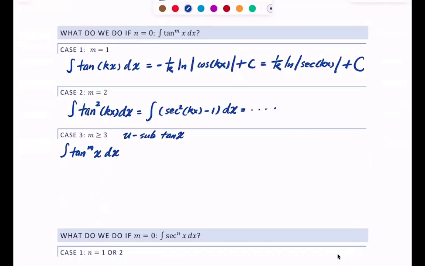It doesn't say if m is even or m is odd. As long as m is greater than or equal to 3, you can use the strategy. You take out 2 tangents, convert to secant squared minus 1.